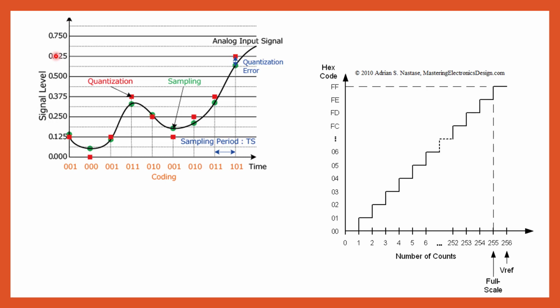Again, I can save money by saving memory if I just sample and quantize, the two most important factors in analog to digital conversion. If I can select that rate and level to an appropriate level, that still serves the purpose as far as accuracy to the level that's required in that system.